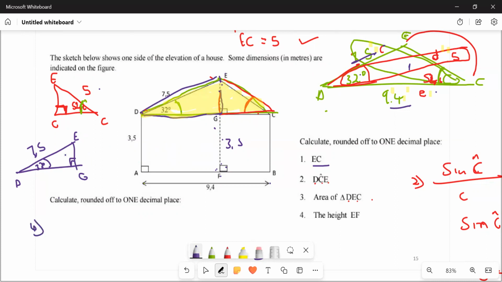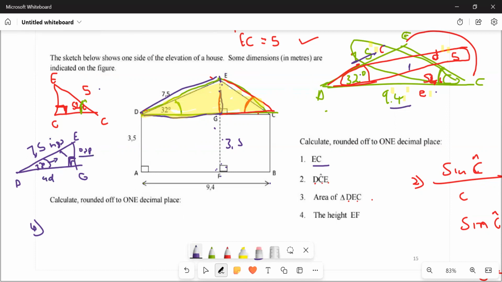Okay, number 4. Let's define this thing. I guess this is a right angle triangle. If this is a right angle triangle, what will you call this side here? This is the hypotenuse side. EG in relation to 32 is opposite, and this one is adjacent.